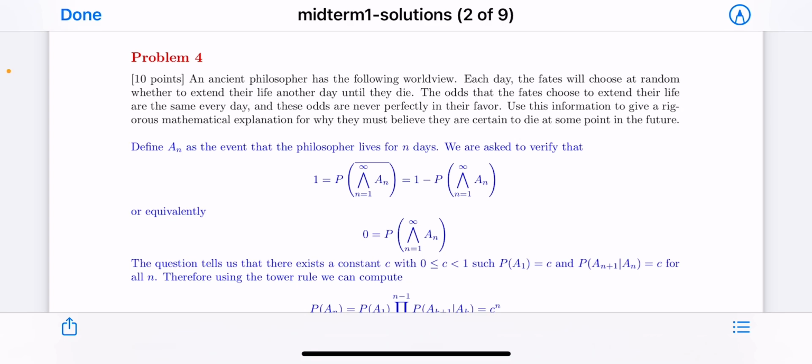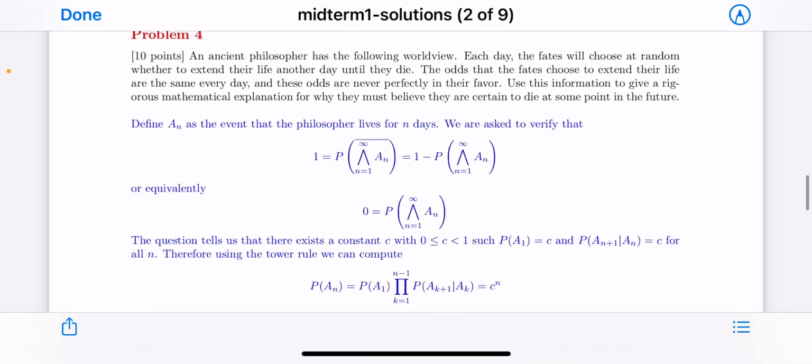Okay, so in order to get any kind of numbers out of this infinite conjunction, we definitely need to know the probability of the various events within it.